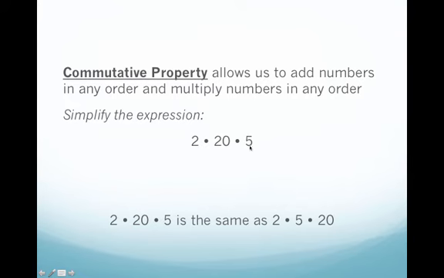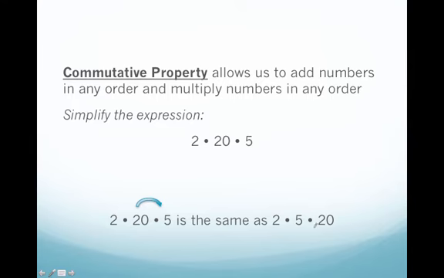Notice we've moved that 20 back behind the 5, and that becomes the same value. We had 2 times 20 times 5, which of course is 200. It's likewise 2 times 5, 10, times 20 is also 200.